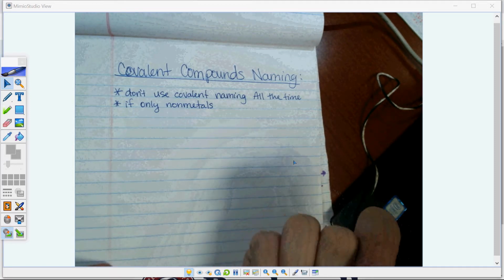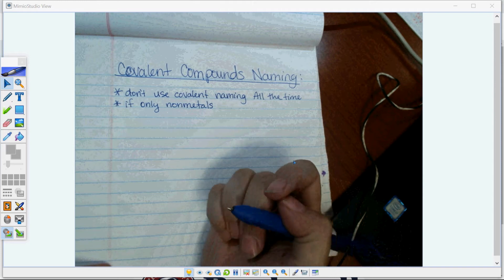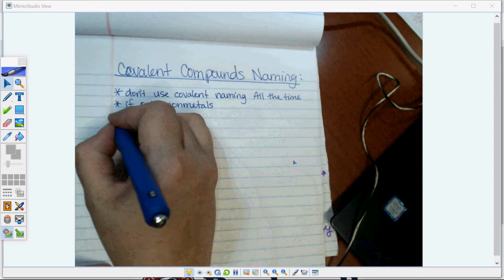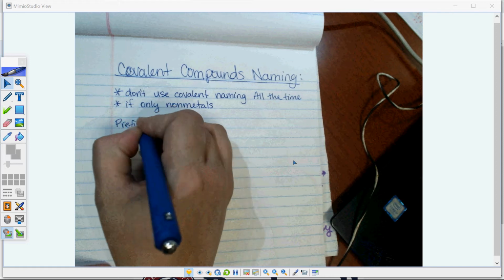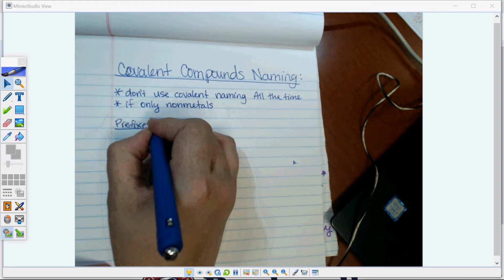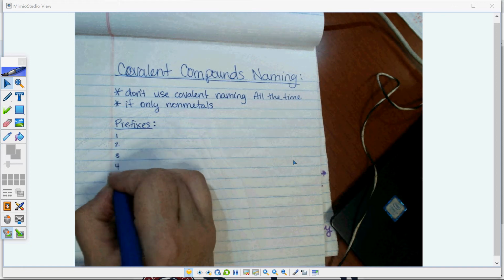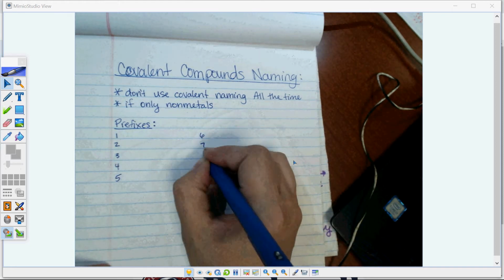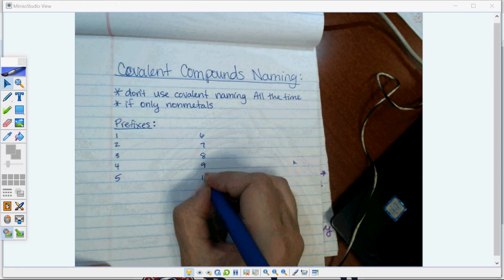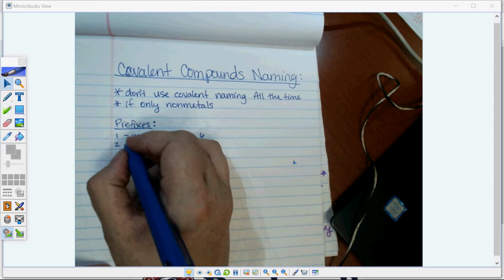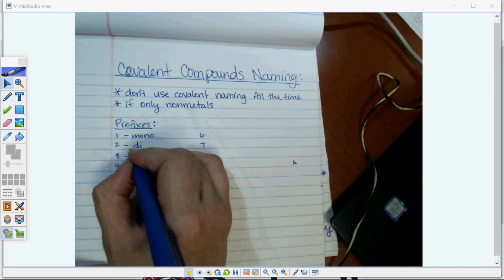So the main thing I need to refresh your memory on before I give you some examples, because this is pretty simple, are your prefixes. And what I mean by that is prefixes for numbers. So we only have to go through the number 10. The prefix that you need to use for the number 1 is mono. The prefix for number 2 is di.